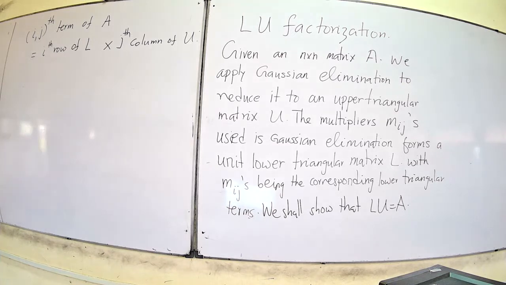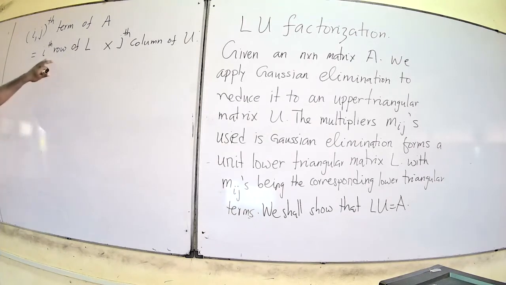So first row times first column gives you A11, and first row times second column gives you A12.